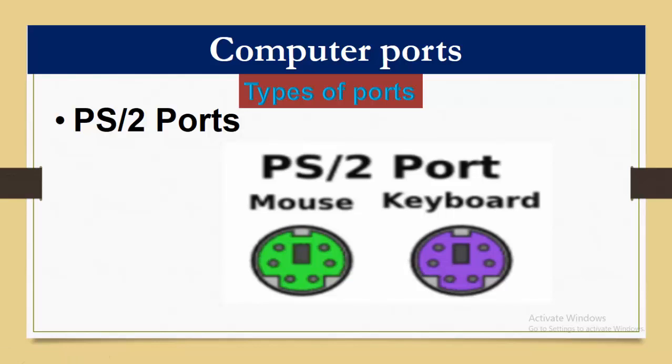The characteristics of PS2 ports: first, these were used by all computers for connecting mouse or keyboard, but the newest computers don't use them. The next one, these are called mouse ports. These ports are still favored in organizations for security reasons. And these ports provide no restriction on key rollover.